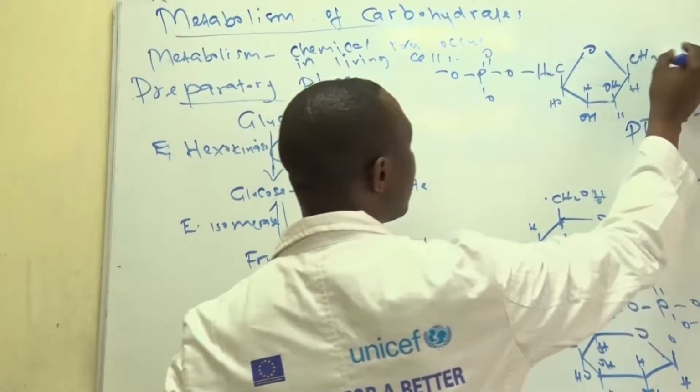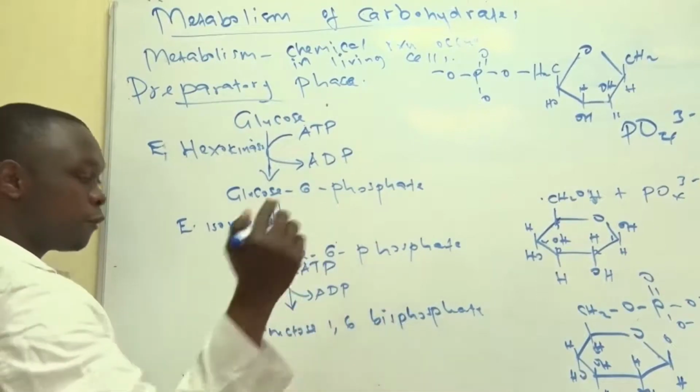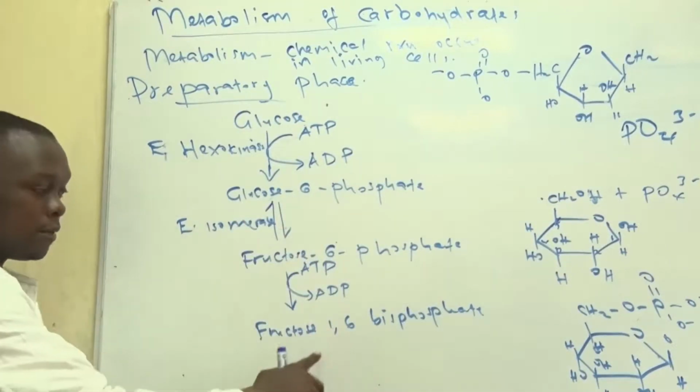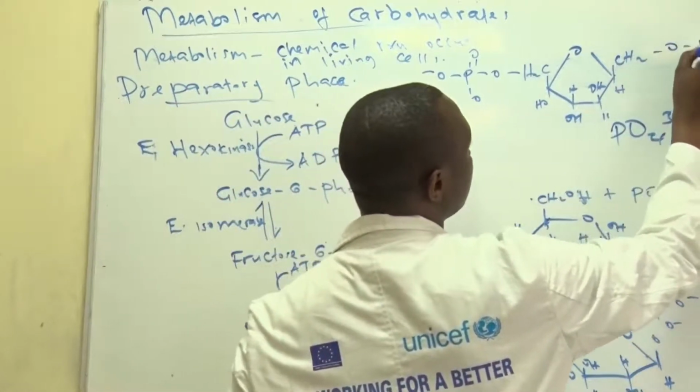Okay, we added carbon number 1 now. That's why you call it biphosphate: there are 2 phosphates, one at carbon number 1, another at carbon number 6. So at carbon number 1, we're going to have this phosphate here.